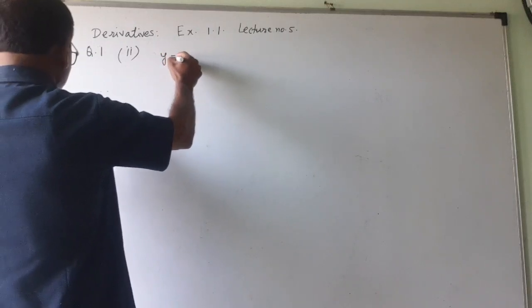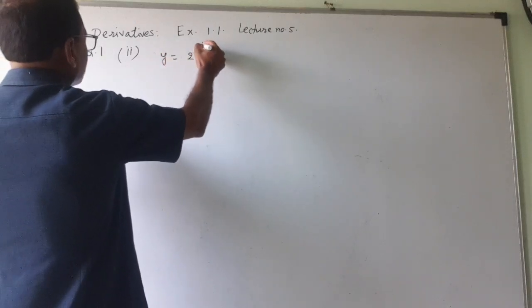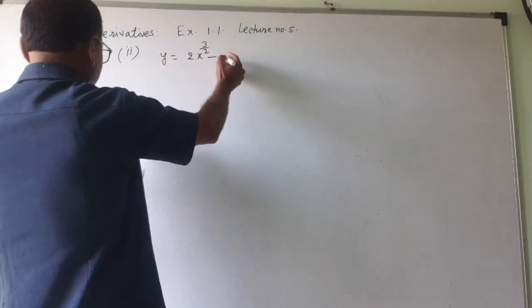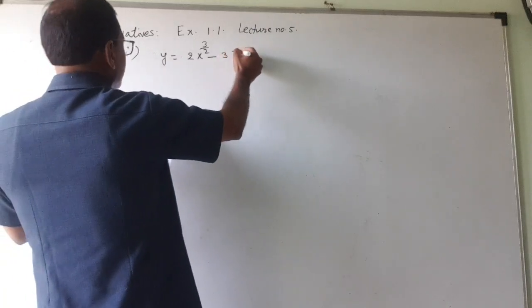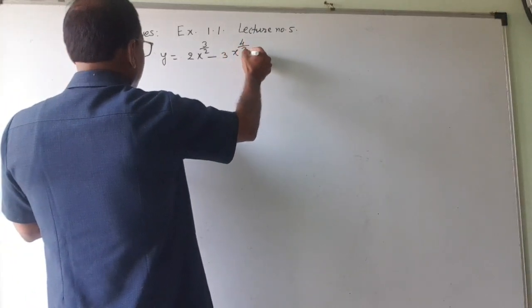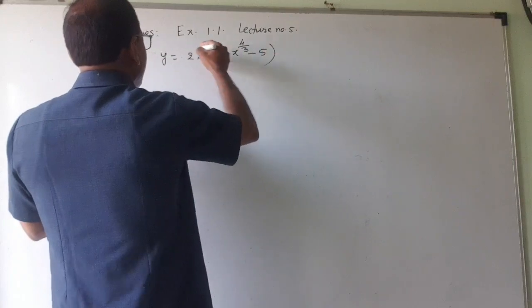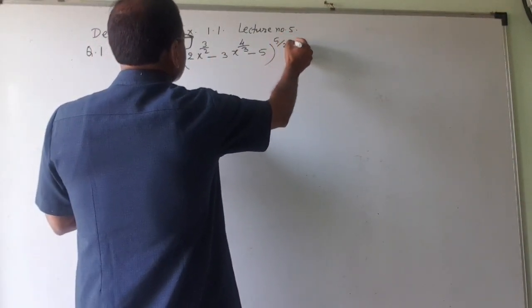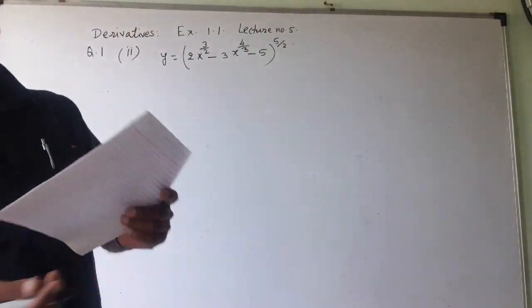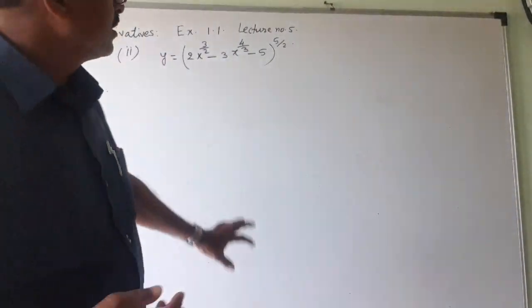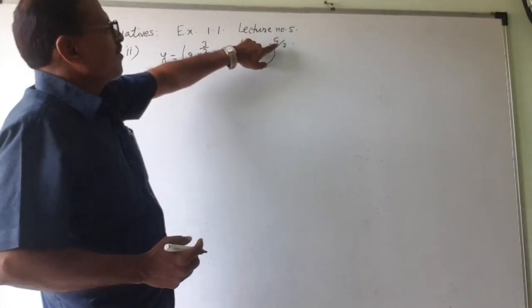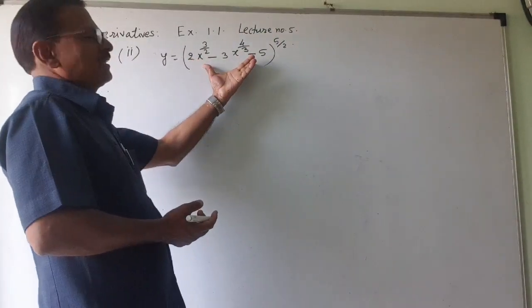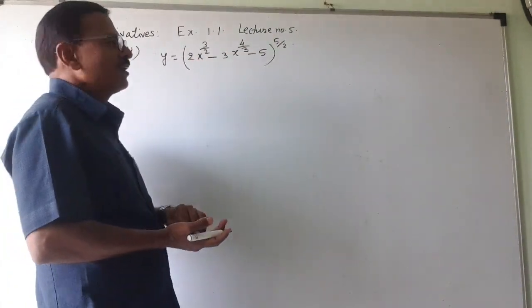y is equal to (2x^(3/2) - 3x^(4/3) - 5) raised to 5/2. See that this part is raised to 5/2, like x raised to 5/2.